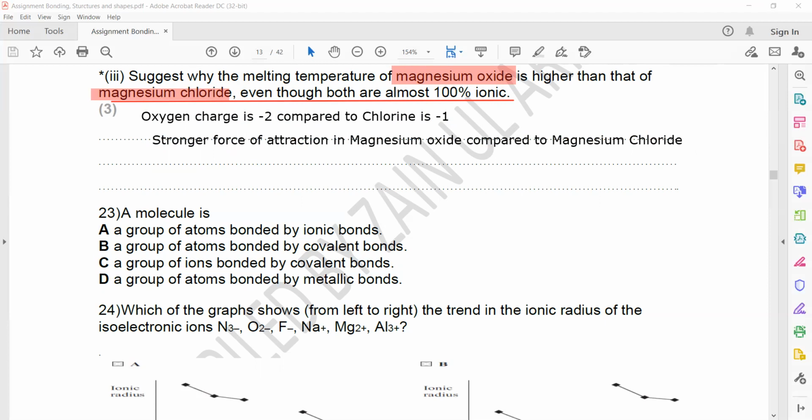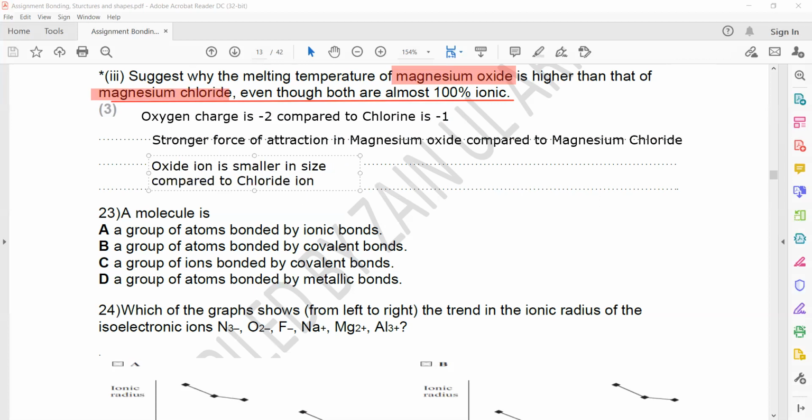And then you will compare the size. The oxide ion is smaller in size compared to the chloride ion, which increases the attraction between the ions.